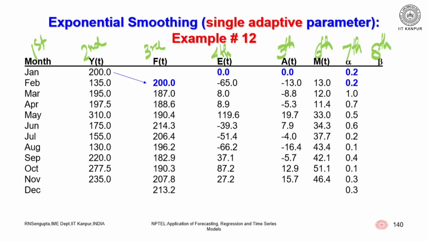If ET is 0, then AT will also be 0. Also, we consider that today's actual value, YT, would be the forecasted value for the next time period, FT plus 1. Hence the 200 value, the first value in the third column for FT, is marked as blue.